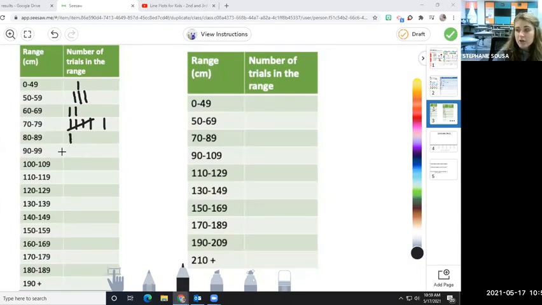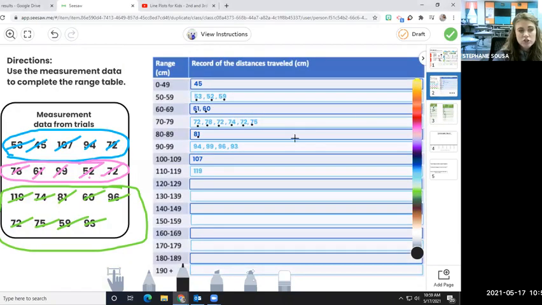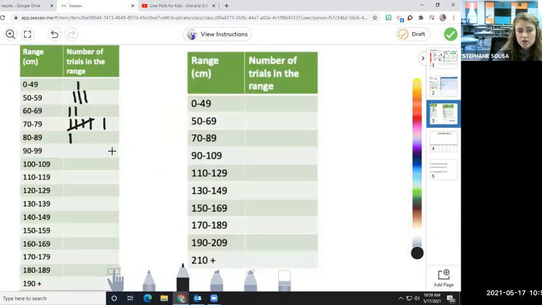Now we're taking a look at our 90 to 99. Let's go look back at that range on slide 2. We see 1, 2, 3, 4 different cars represented in that range. So on our tally chart, we're going to add 1, 2, 3, 4 tallies to represent that.